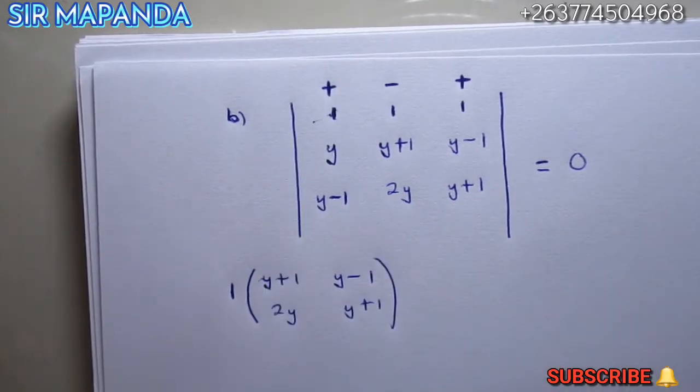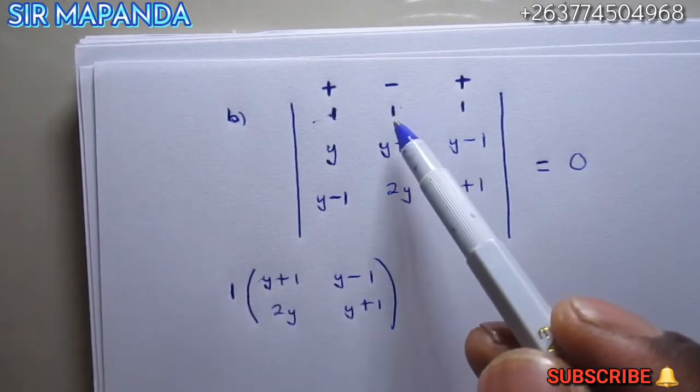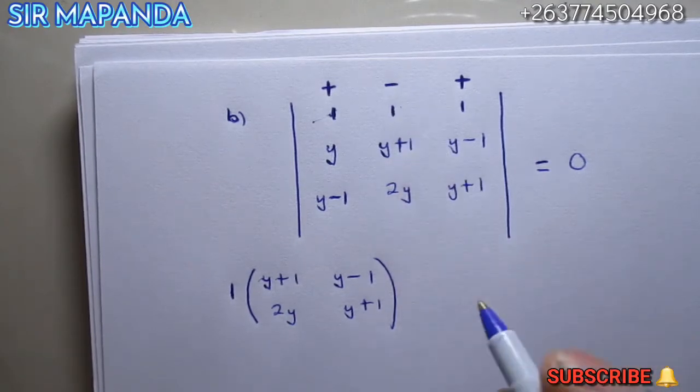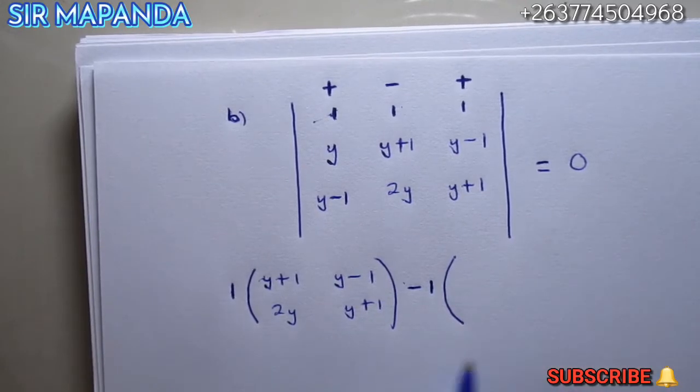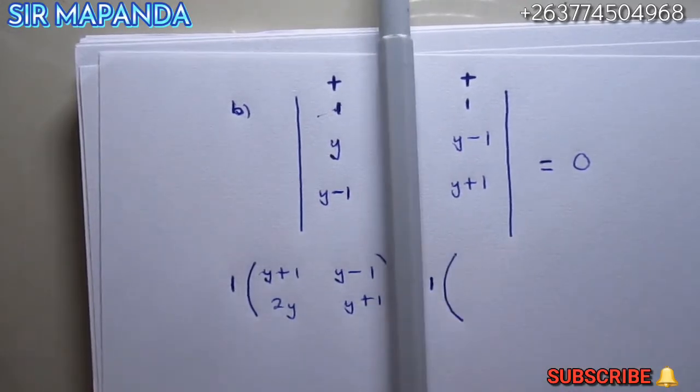I hope you are following. Then we move on to this one. There is a negative sign on top of 1, so I'm going to write minus 1. Then I put another bracket. So I'm going to find 4 numbers in the second row and the third row which are not aligned to the middle one in between.